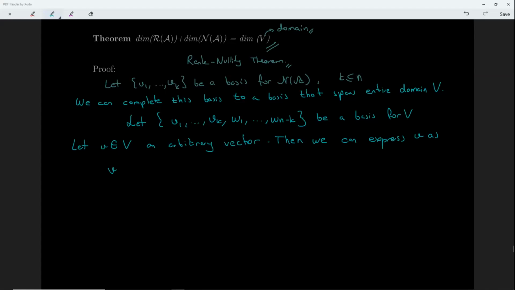So v will be equal to alpha 1 times v1 plus alpha 2 times v2 plus alpha k times vk, and beta 1 times w1 plus beta 2 times w2 and beta n minus k times w n minus k.